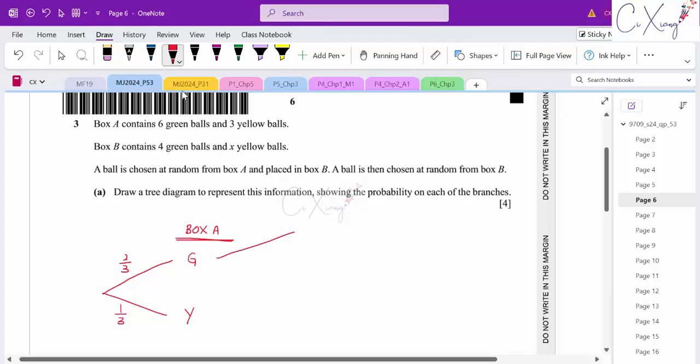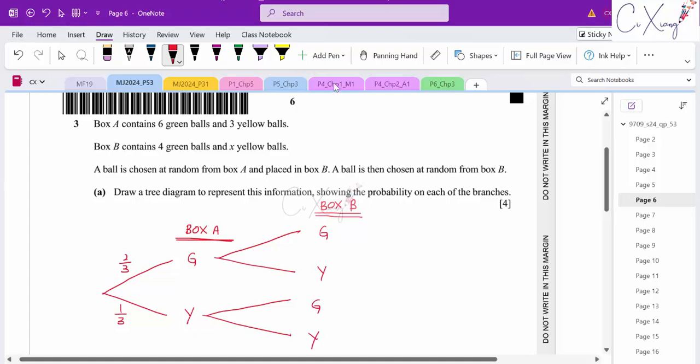Alright, then after that, we can proceed to box B. For box B, we need to be extra careful because after you get one ball from box A, you place it into box B first before you get the second ball from box B. So the value will be a little bit different.